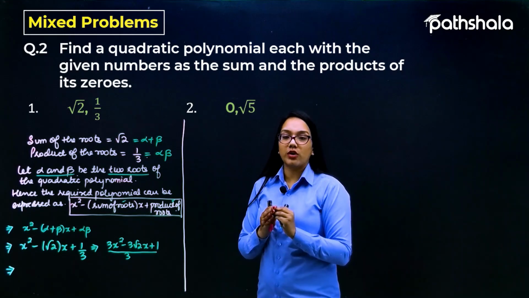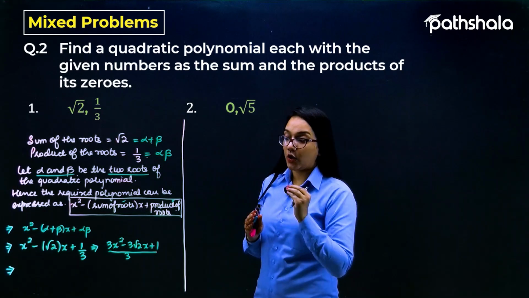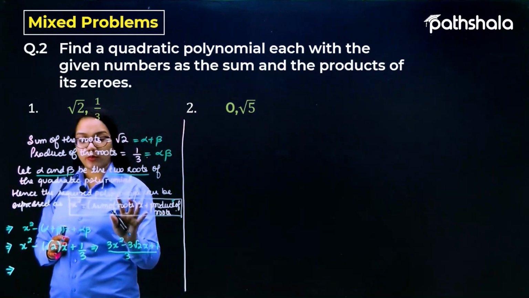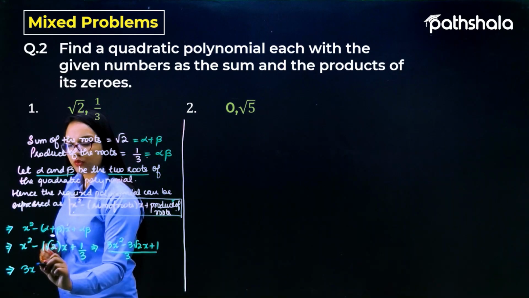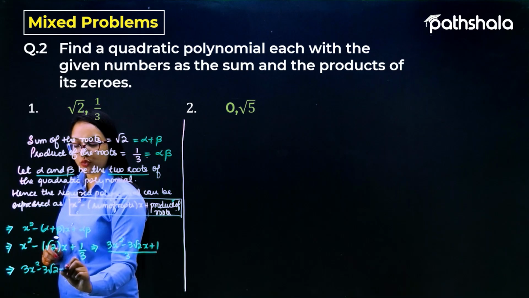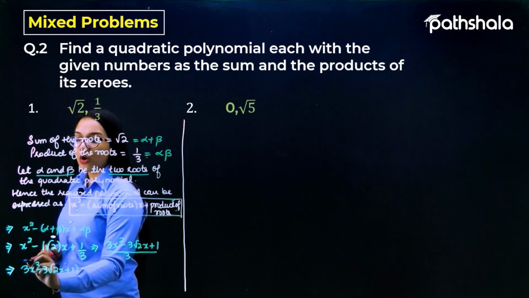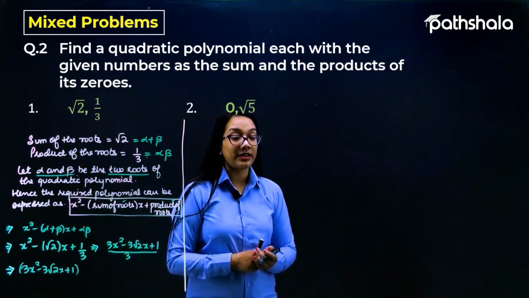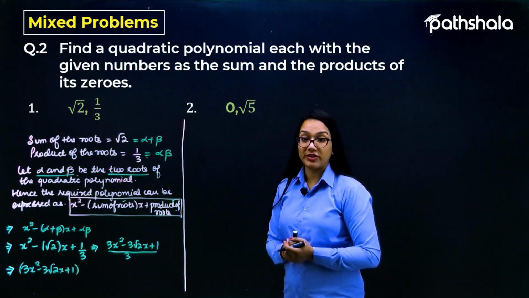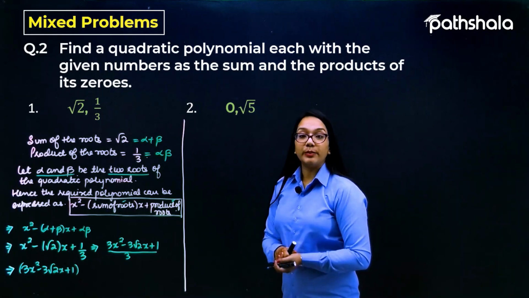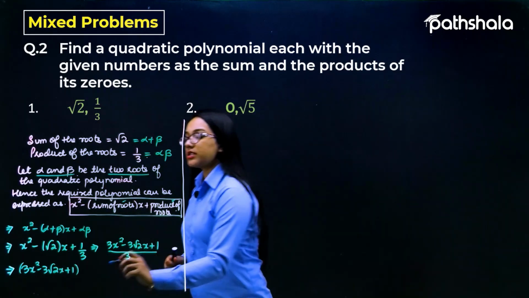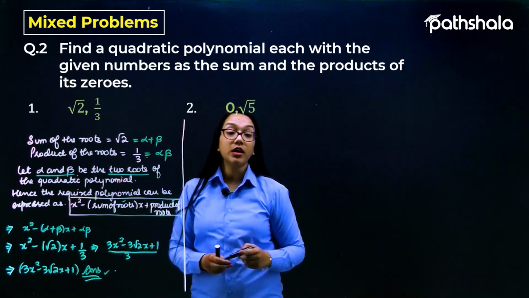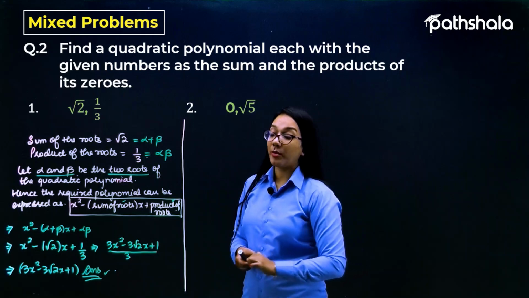Using that concept, we can neglect the denominator, and say that 3x square minus 3 root 2 x plus 1 is one of the quadratic polynomials whose sum and product of zeros are root 2 and 1/3. So this is our answer. Here we have neglected the denominator 3.